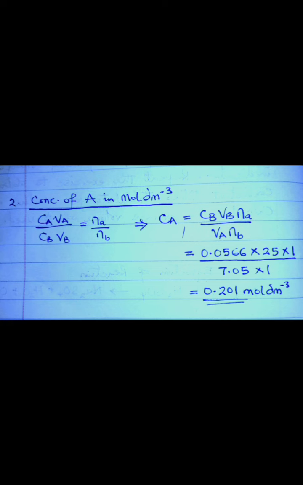So we multiply all those and substitute, and then we have that the concentration of acid in mole dm cube is 0.201 mole dm cube to 3 significant figures. Right? So you discover that a balanced equation is very useful in finding the concentration of acid or concentration of base if you're using this formula.